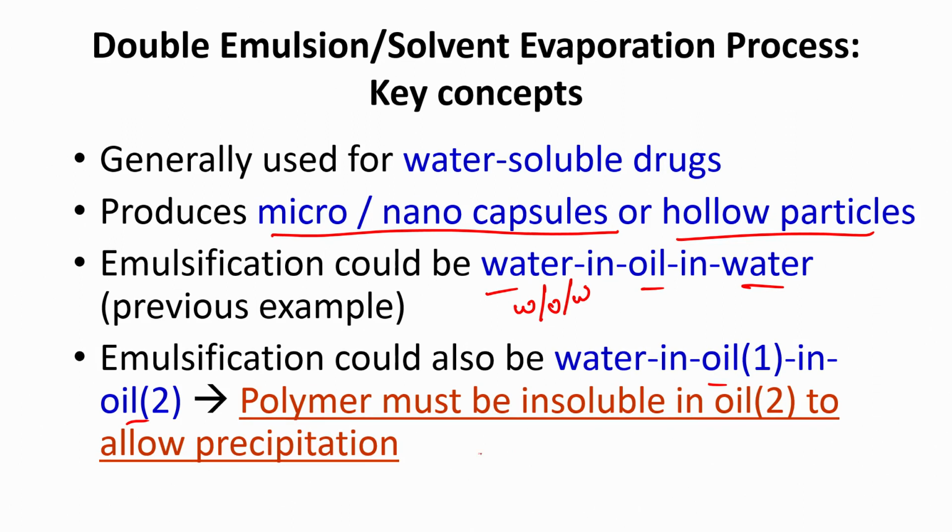Although this is not really used in any of the biological scenarios, because the particles that you want have to be able to survive in water and be stable in water. So, typically the external phase is also usually water, but you technically can have two immiscible oils being used here as well.